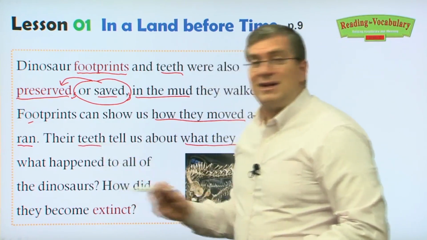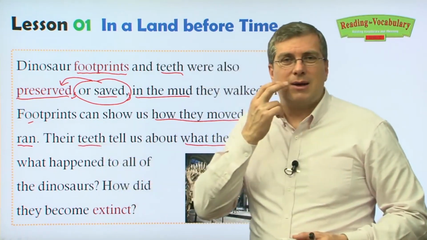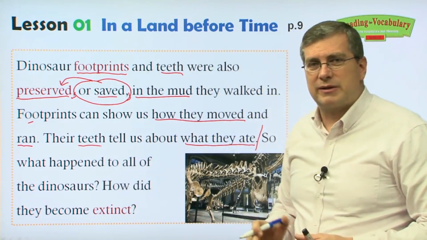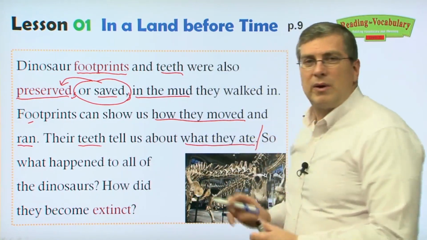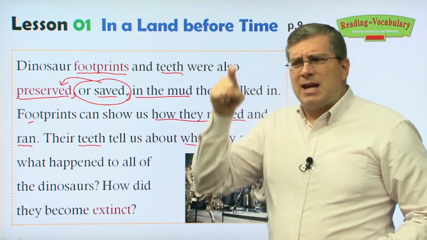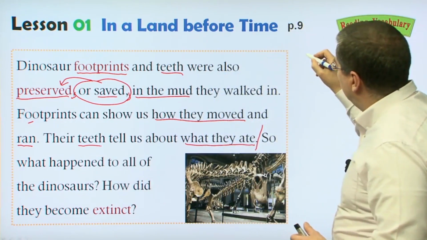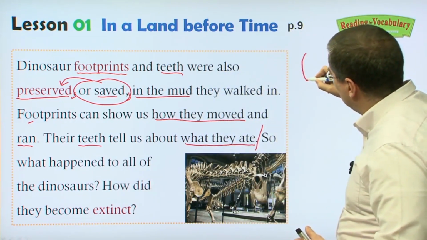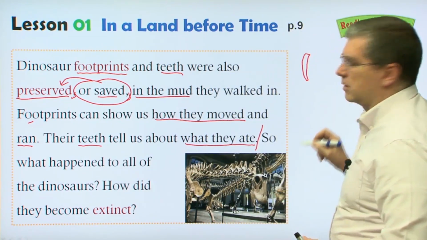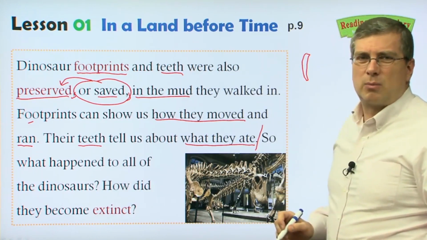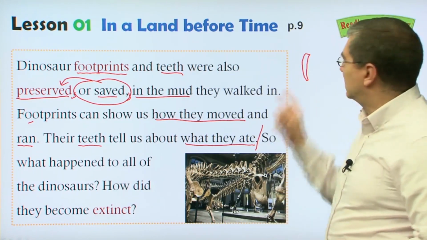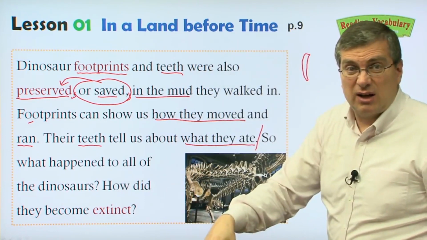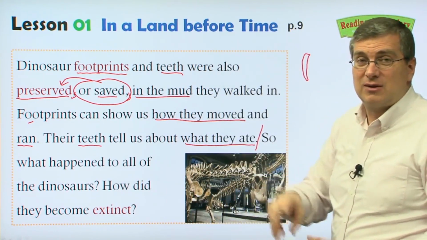Teeth, if you find teeth, and teeth are like bones, right? They're made of the same hard substance. Teeth tell us about what they ate. Think about that. If the tooth that they find is like this and it's very sharp, what does that tell you? That tells you the dinosaur probably ate meat, because a tooth like that will cut flesh and skin.